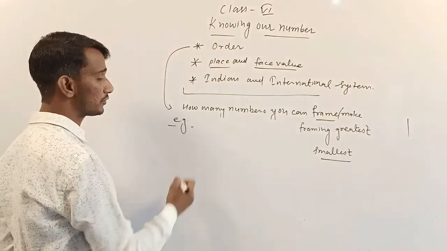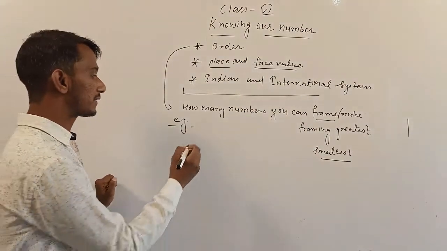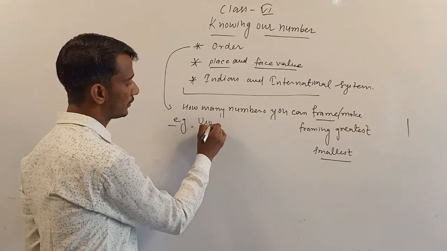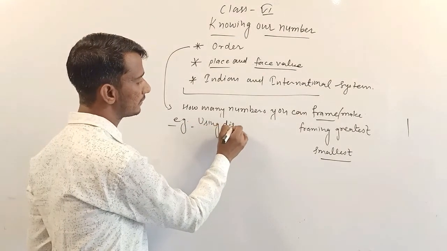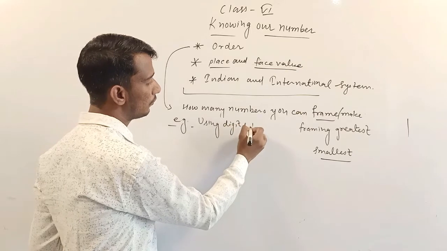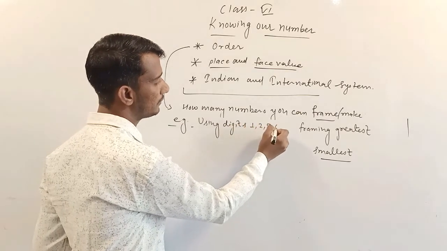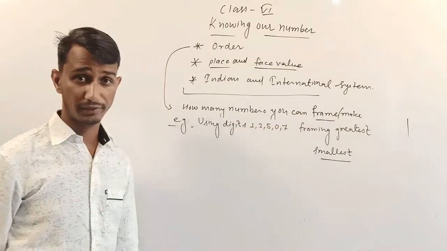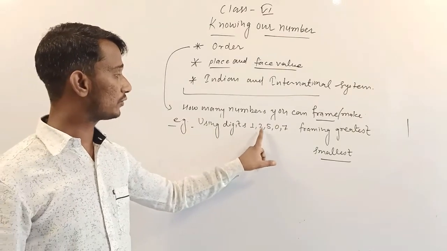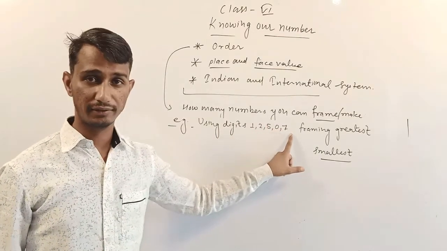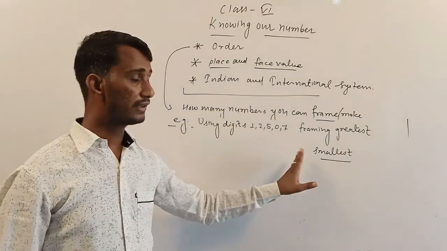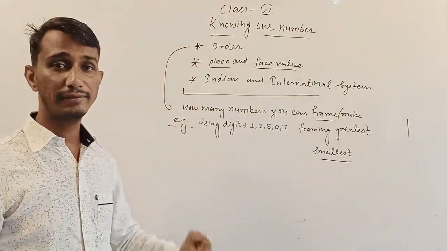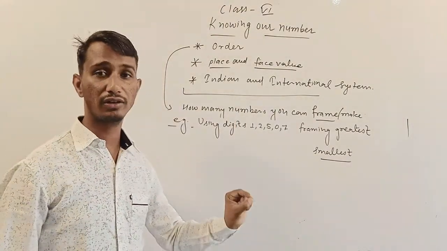And what is this question saying? Using digits 1, 2, 5, 0 and 7, make the greatest and smallest number if repetition is not allowed.